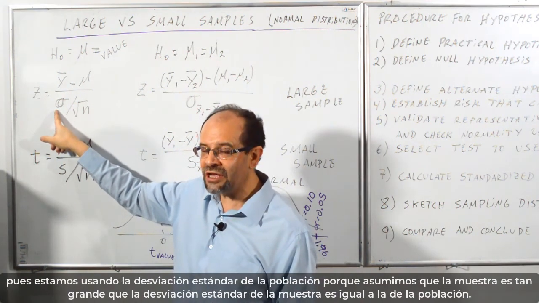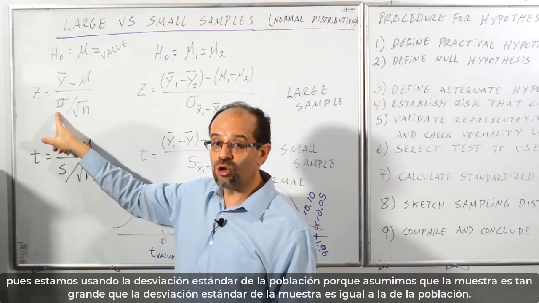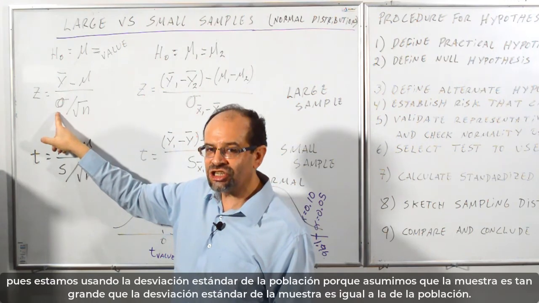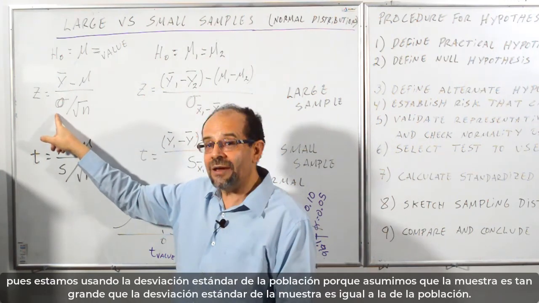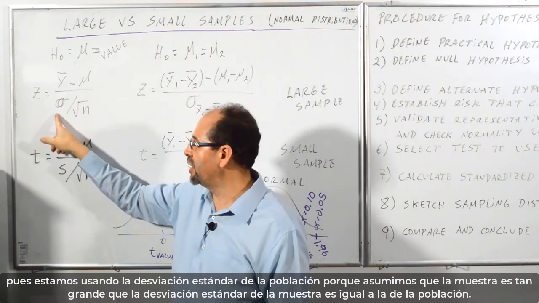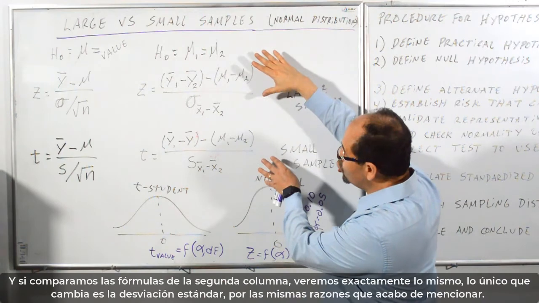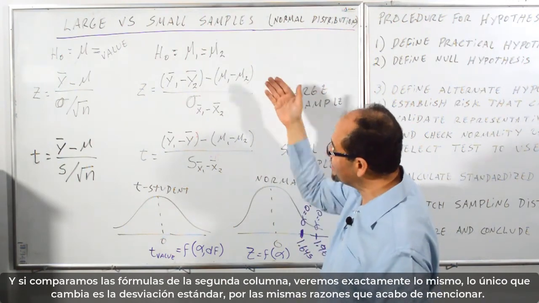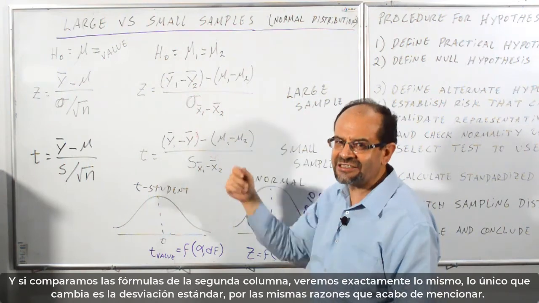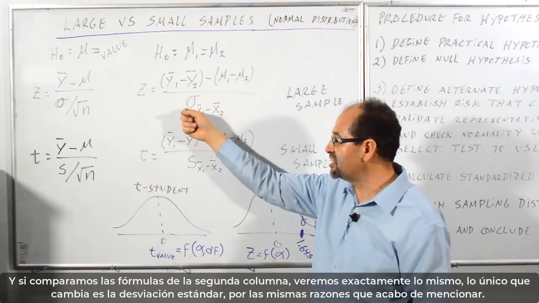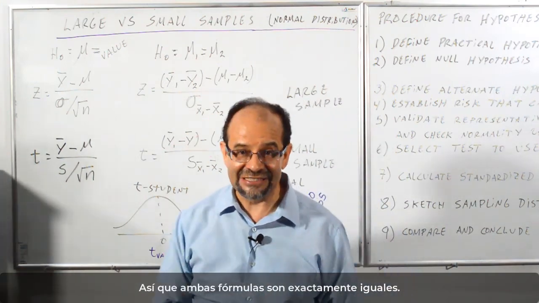But we are assuming that this standard deviation is of the population because the sample is so large that the standard deviation of that big sample is the same as the standard deviation of the population. But actually, they are exactly the same. And if you compare those two, you will see exactly the same thing. The only thing that changes is the standard deviation, but again, that's a definition because this is large and this is small. So both will be exactly the same.